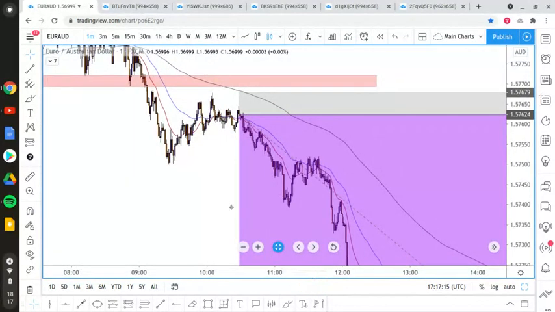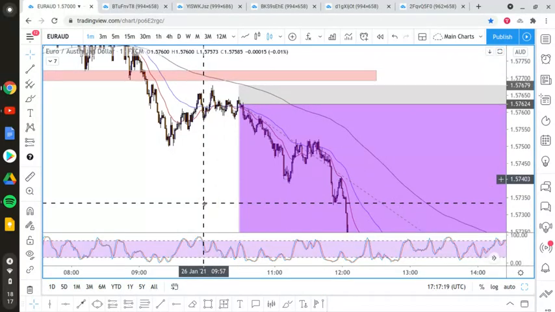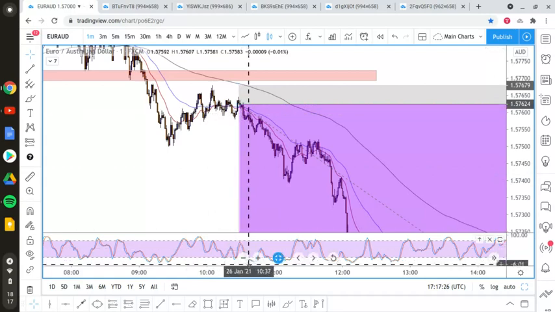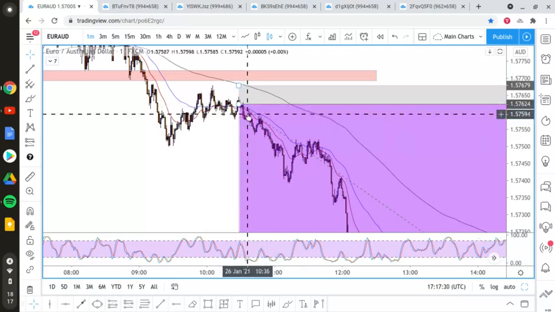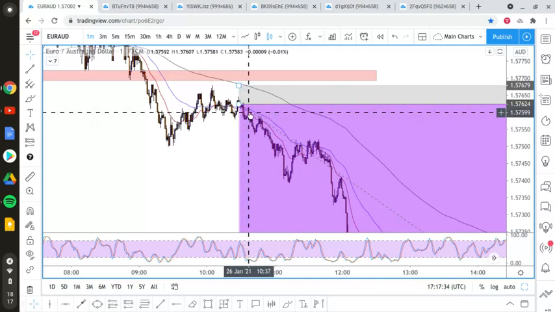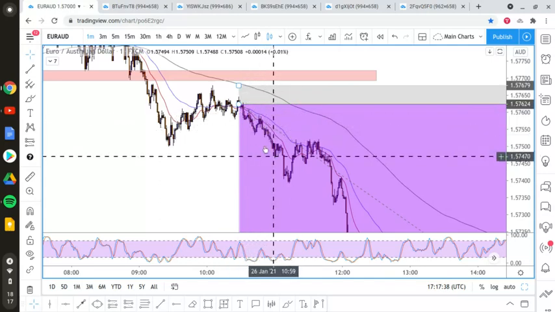I have to be aware because it's the opposite side of the range. It could cause a reaction if the momentum's not that strong. So if we look here, it became oversold here, did a 1 minute break and retest, made a new low, came back a bit, made another new low, and started to really drop.